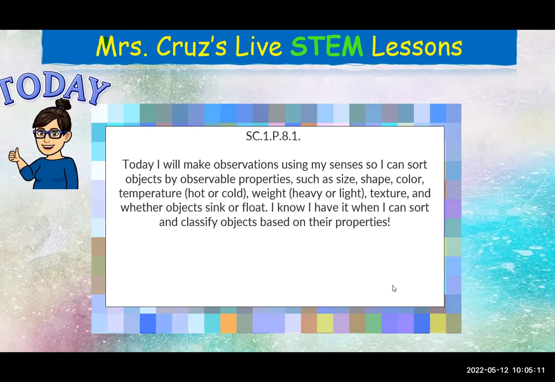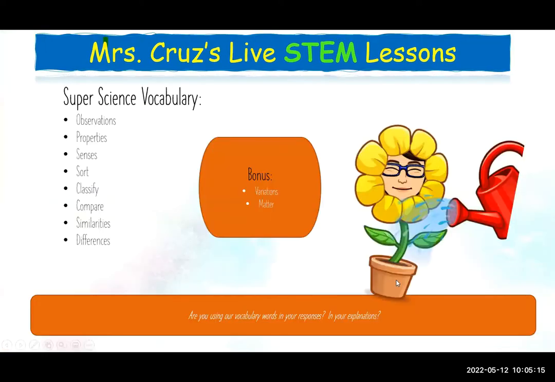Hello, peeps. So we are going to talk about our super science vocabulary. I'm going to read them to you. These are the words I look for when you get on with me at the DBAs and start talking about the information from the lesson. I need to hear these words. Be specific, use these vocabulary words that are in your lessons.